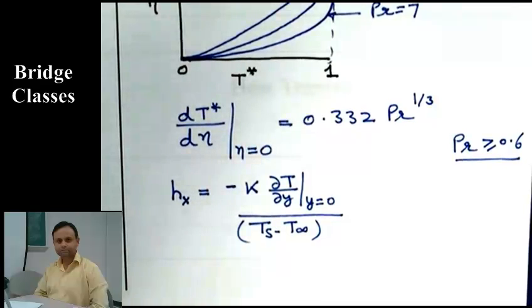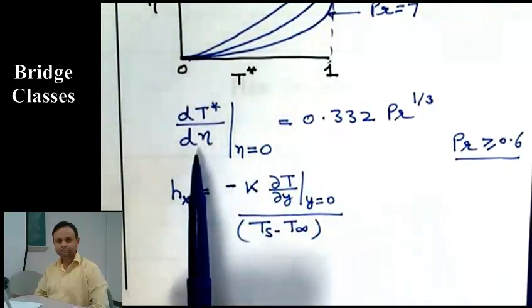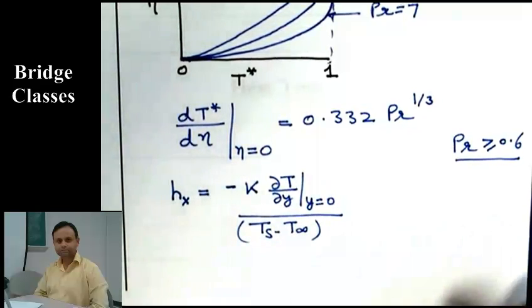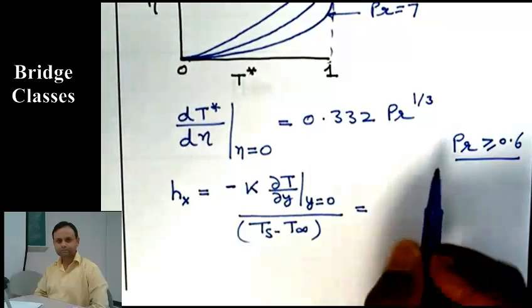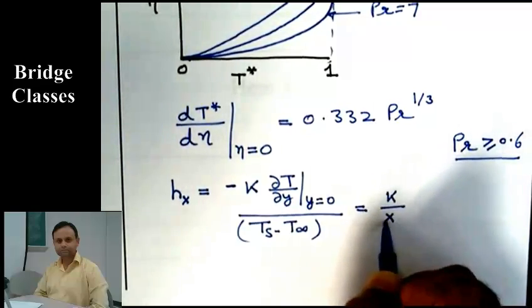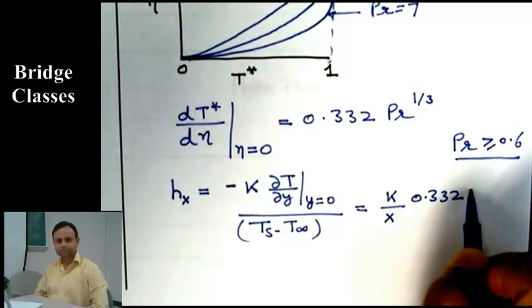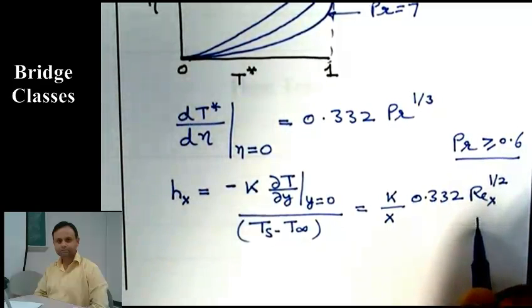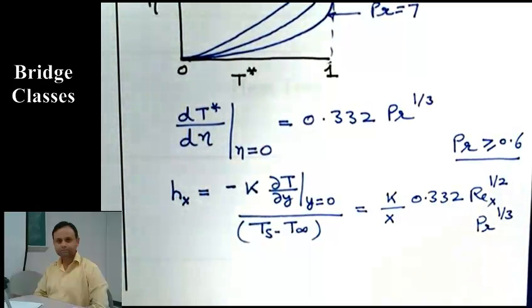So you have this expression for hx, and we can write dT dy in terms of dT d eta, skipping some steps. Then you get hx equals k over x times 0.332 Reynolds number x to the power half times Prandtl number to the 1/3.